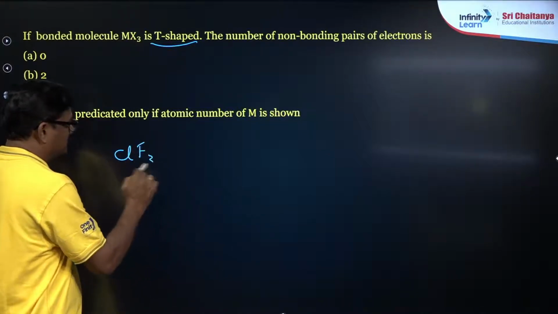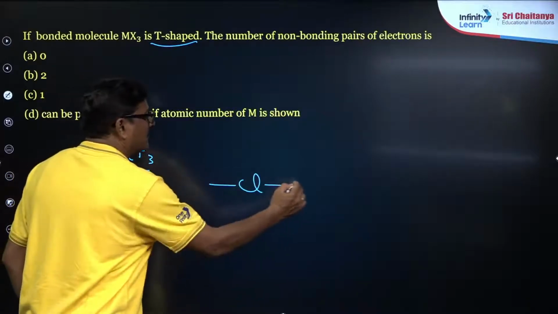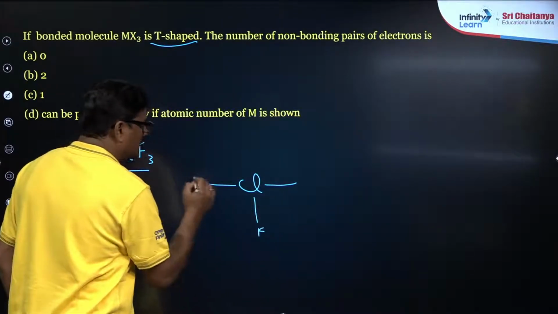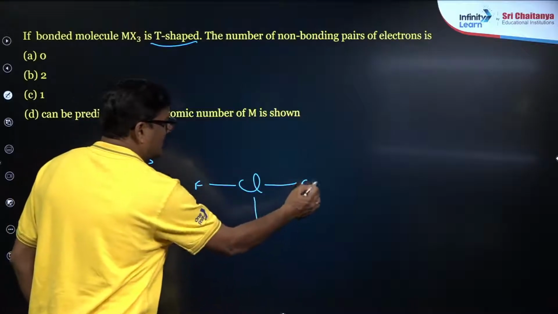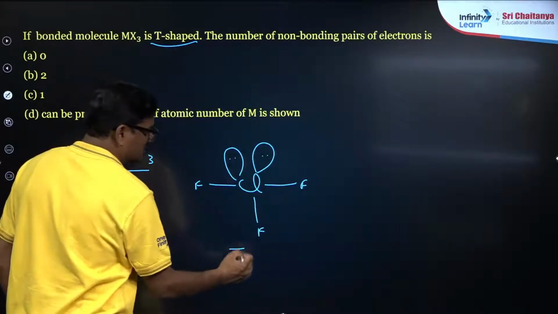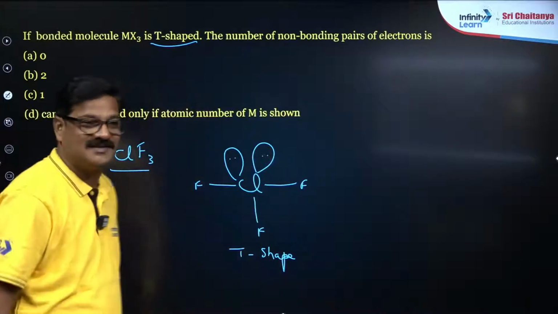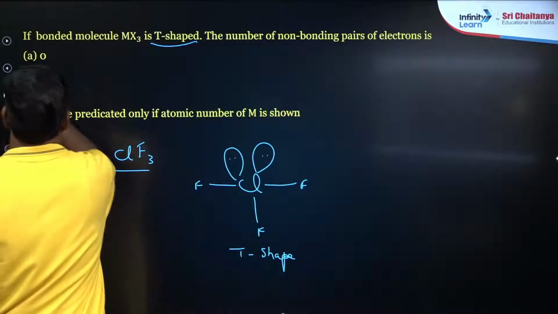ClF3, chlorine, and fluorines. It has two lone pairs of electrons. This is your T shape, right? So I just want to say two lone pairs.